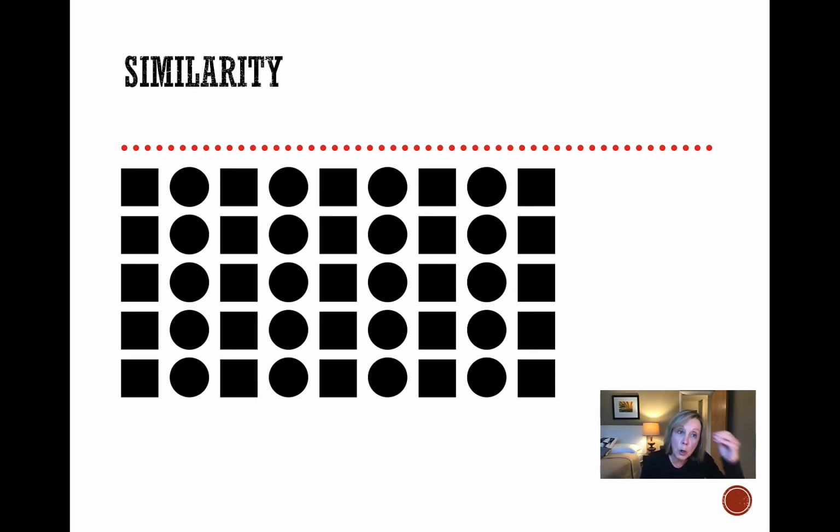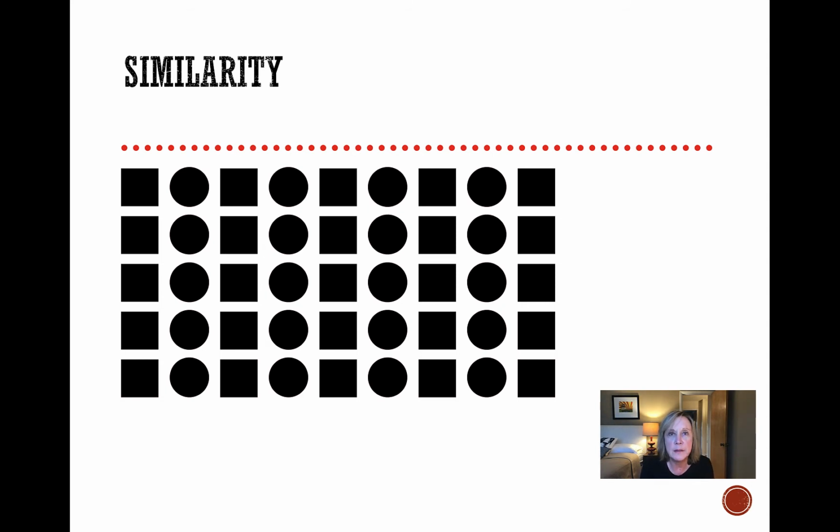You have to work mentally to see a square, a dot, a square, a dot, a square, a dot, right? But you don't have to work at all. You automatically, intuitively see these columns.